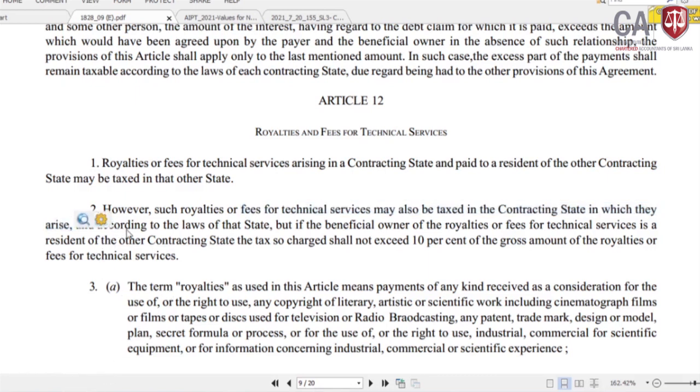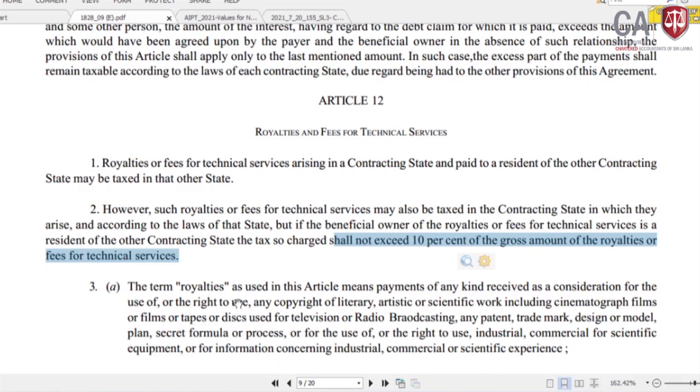According to the laws of that state, but if the beneficial owner of the royalties or fees for technical services, that means India, is a resident of the other contracting state, the tax charged shall not exceed 10% of the gross amount of the technical service fee. See, the percentage in the double taxation treaty is 10%.